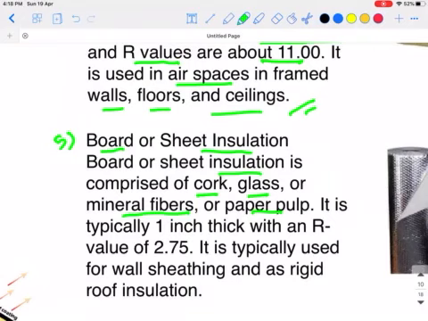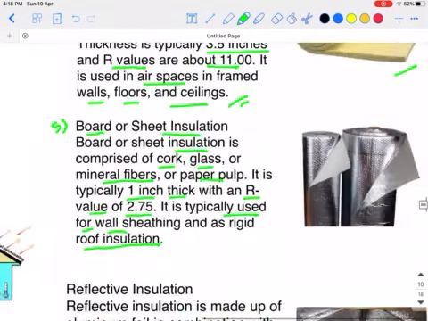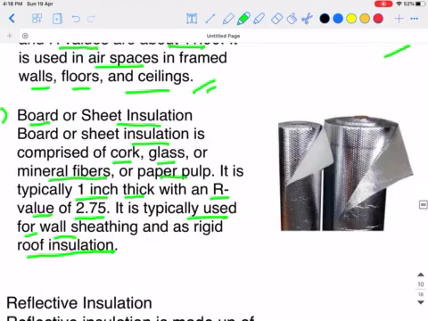It is typically 1 inch thick with an R value of 2.75. It is typically used for wall sheathing and as rigid roof insulation. In this image, we can see board or sheet insulation.